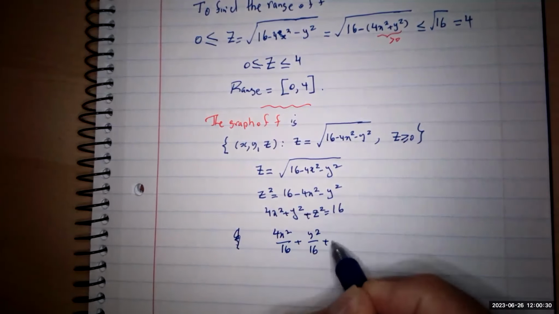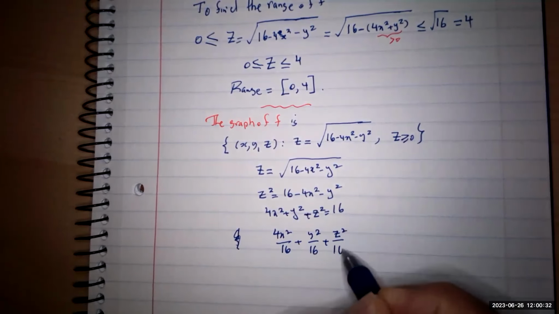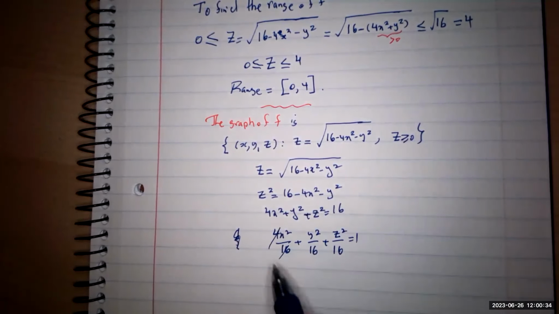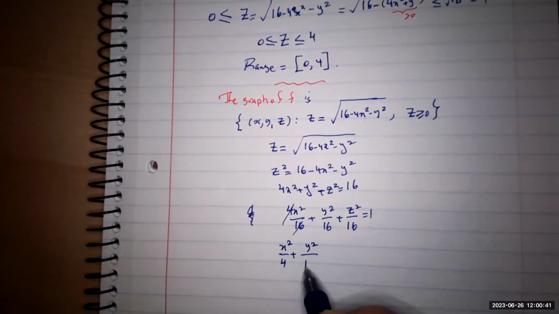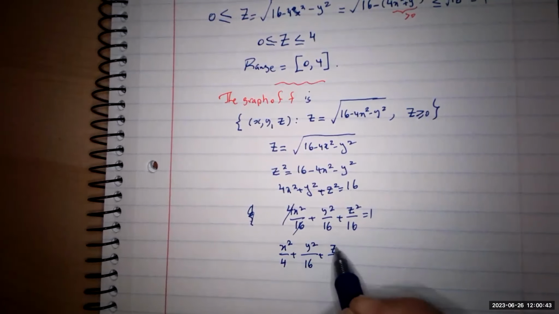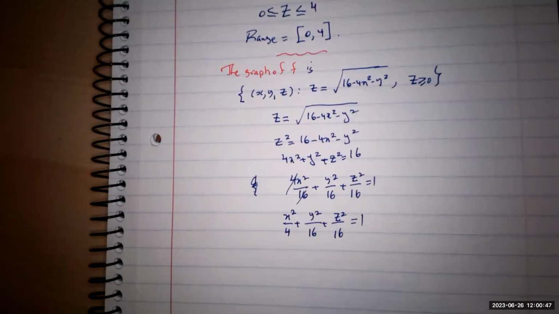So we simplify this part. We get x squared over 4, plus y squared over 16, plus z squared over 16 is equal to 1. So it's going to be an ellipsoid.